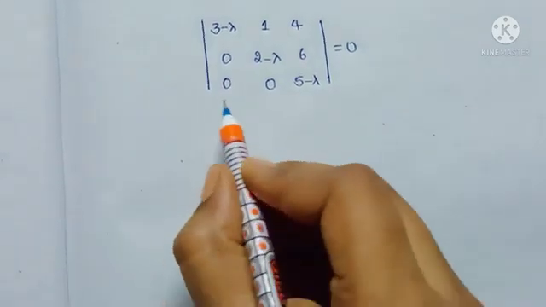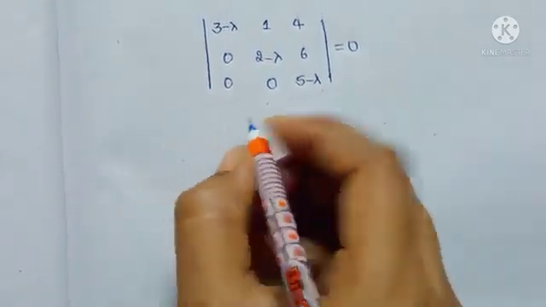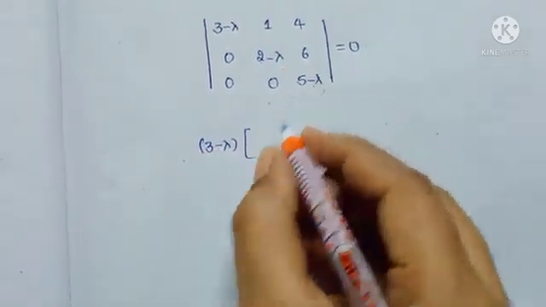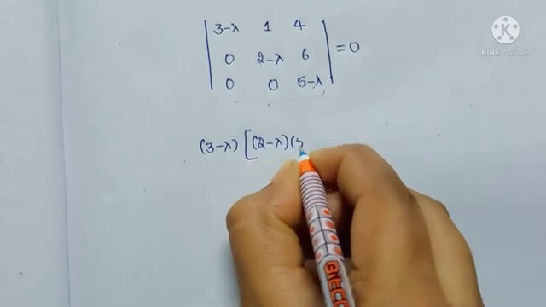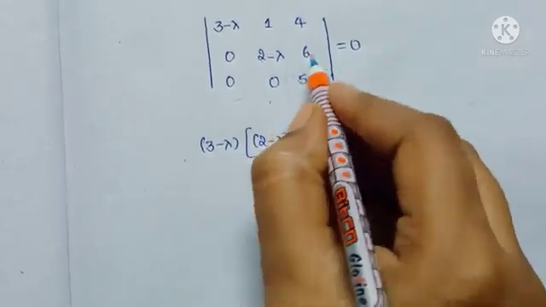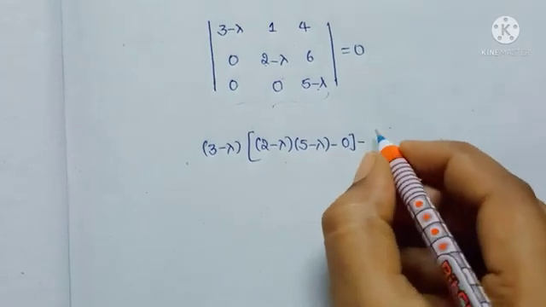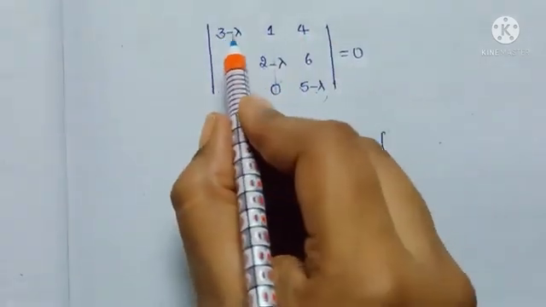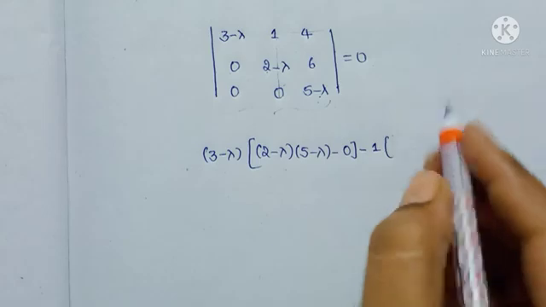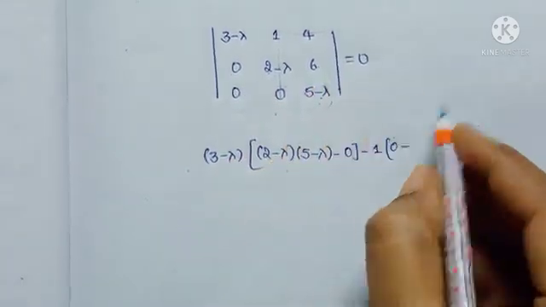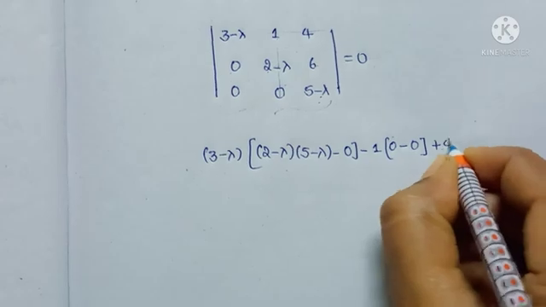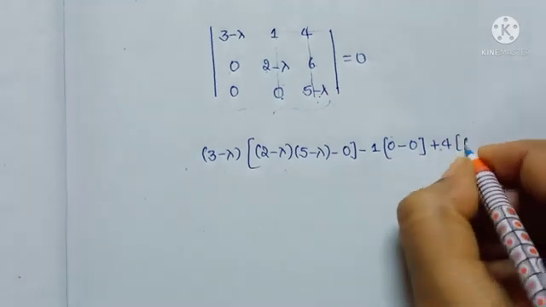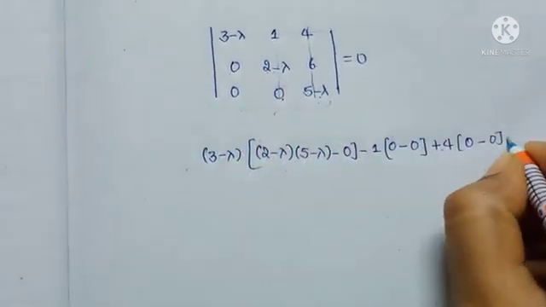Here 3 minus lambda into 2 minus lambda into 5 minus lambda, minus 0 into 6 is 0, minus here 1 into, if you close this row and this column, then 0 into something is 0, minus 0 into 6 is 0, plus 4 into, here if you close this column and this row, we get 0 into 0 is 0, minus 0 into something is 0, which is equal to 0.